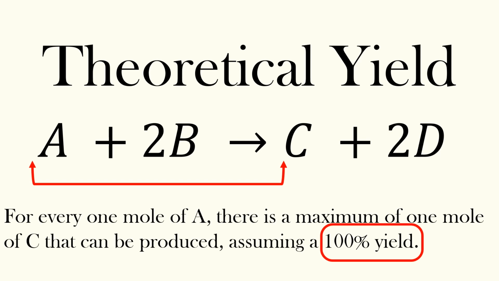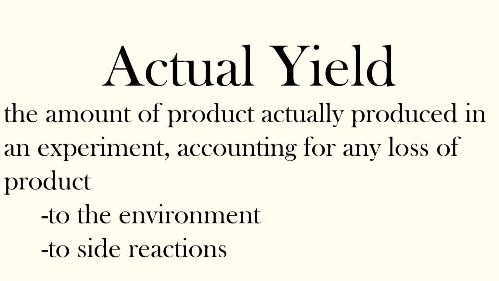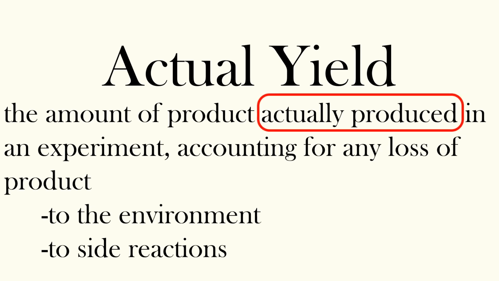What happens if not all 100% reactant is converted to product? This would be called an actual yield. The actual yield is the amount of product actually produced in an experiment, accounting for any loss of product to the environment, in other words, during any transfers or during measurement, or to side reactions.